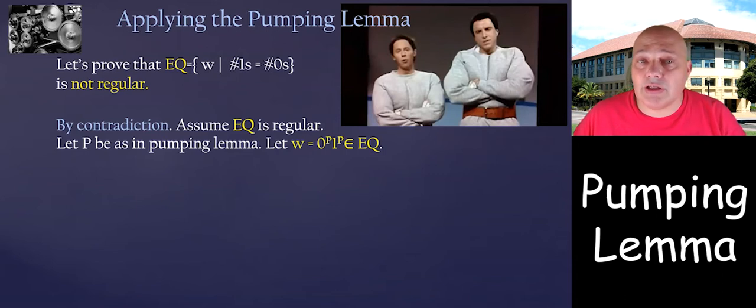And this string is in the language. It is in EQ, right? So 0^p 1^p has the same number of zeros and the same number of ones. And furthermore, its length is larger than p. So this string satisfies the requirement of the pumping lemma and we should be able to pump it.